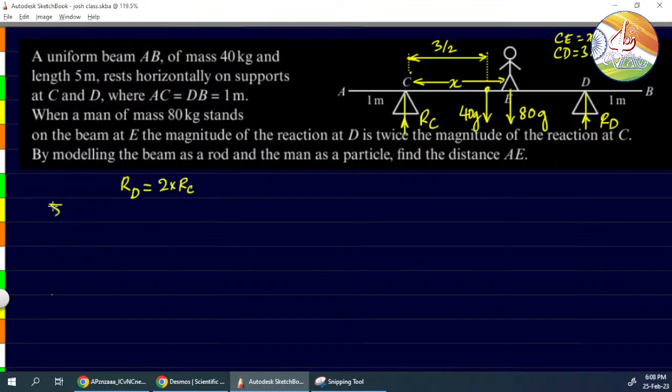Ready? Yes, sir. So again we have the three equations with us: sigma V, sigma H and sigma M. Let us start with sigma V. RC is acting upwards plus RD is acting upwards, minus 40G acting downwards and minus 80G acting downwards. This total should be equal to 0 because the beam is in equilibrium.